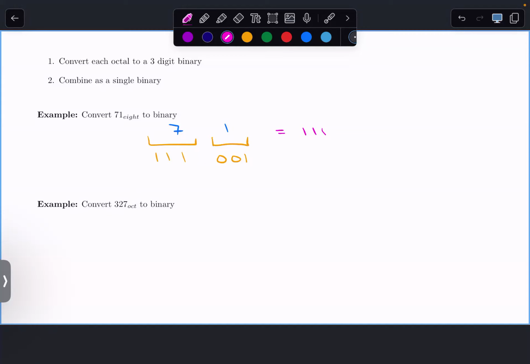It doesn't mean anything, but it keeps the groups of 3 separate, then 0, 0, 1 base 2 for binary. Always groups of 3 for octal, and then groups of 4 for hexadecimal.